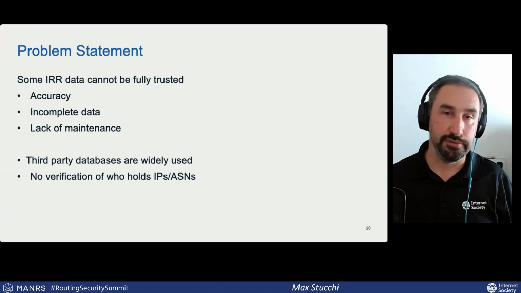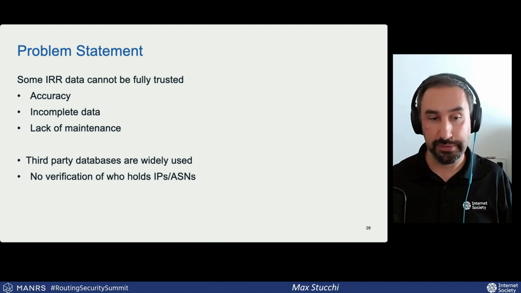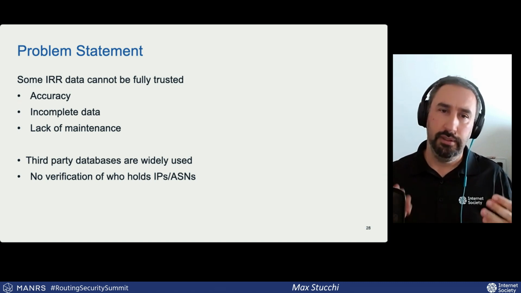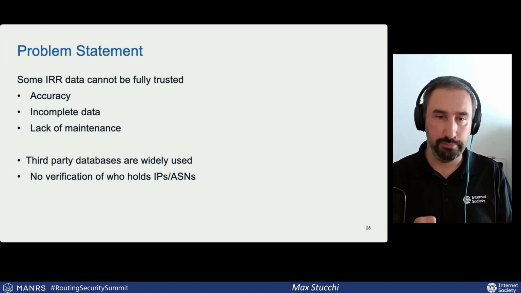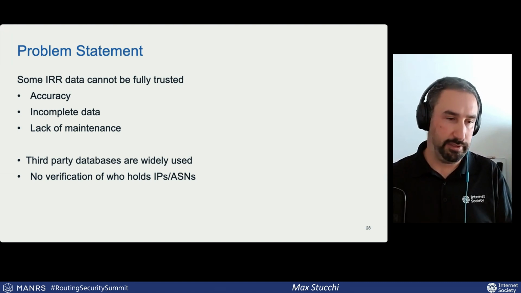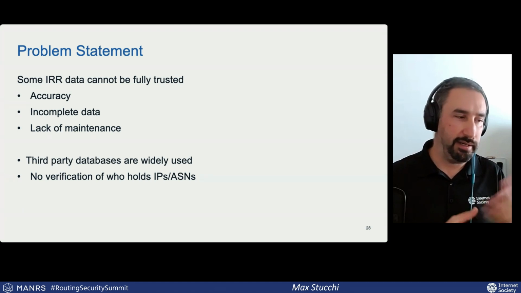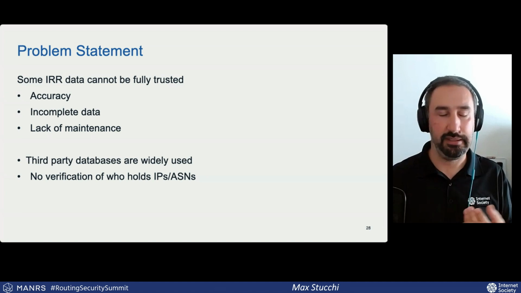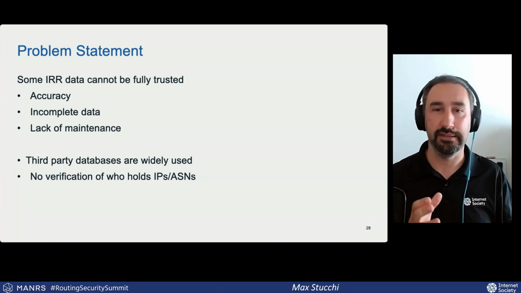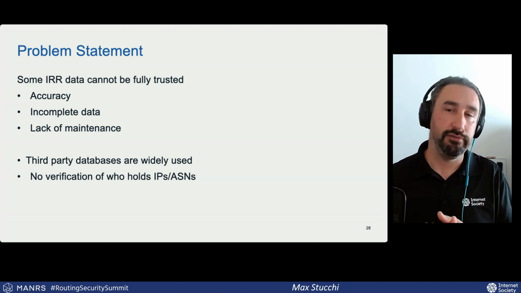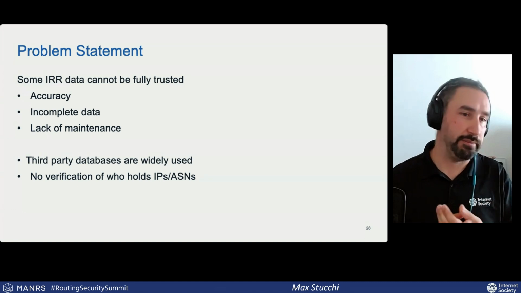But then they don't know that there is an entry in RADB that needs to be also updated. So people who look at that data and try to trust it will be faced with the question: shall I trust the RIR or shall I trust RADB? Which one is correct? And they could make wrongful assumptions, like they could trust RADB while the data hasn't been updated.